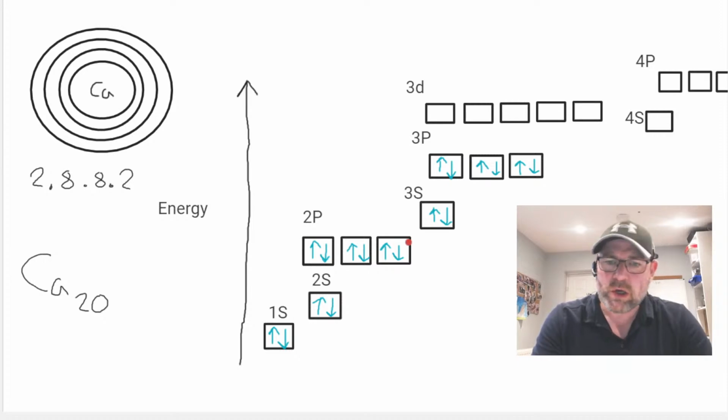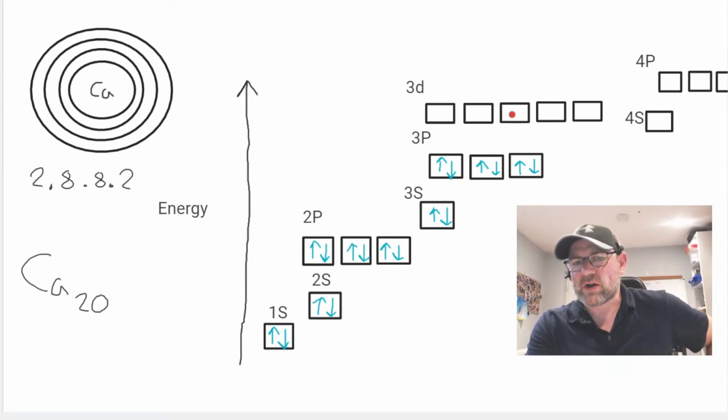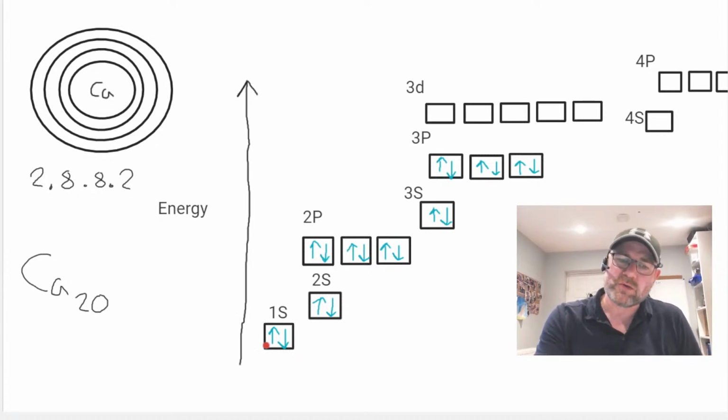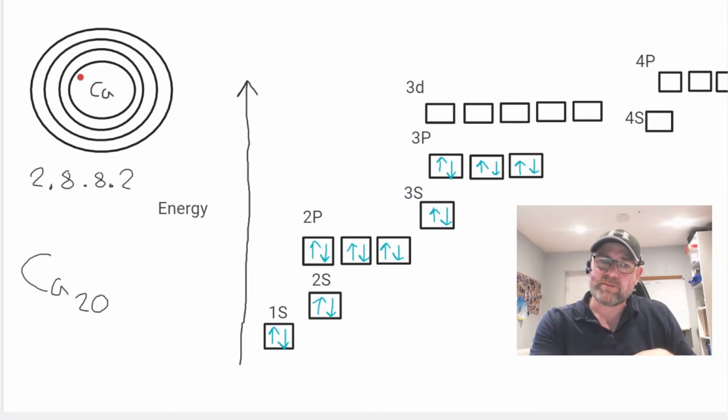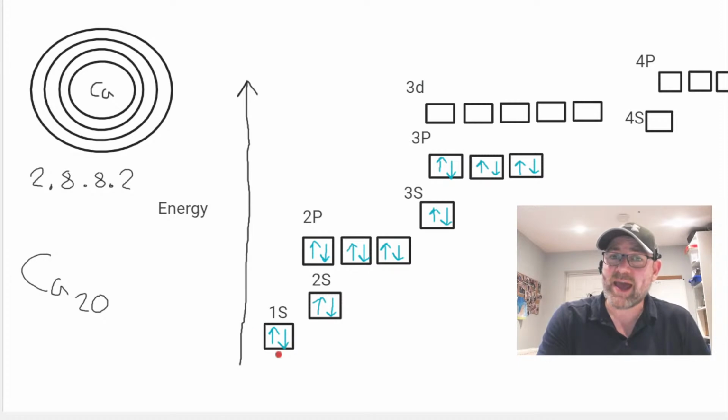Notice we've got a new orbital structure coming in the third level. Remember what I said, with each level it goes 1s. The first ring in calcium just has 2 electrons, so it just has an s orbital, a sphere, as its subshell. Then in the second energy level, there are 2 subshells, an s and a p.